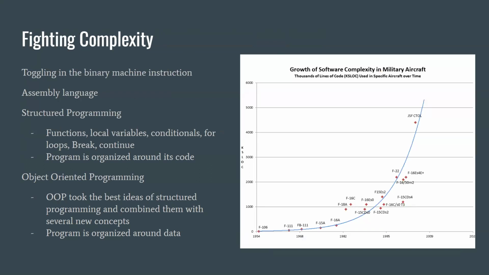In the software industry, it's always been a battle to reduce complexity. So at first, assembly language was created because it was too complex to handle lots of ones and zeros.